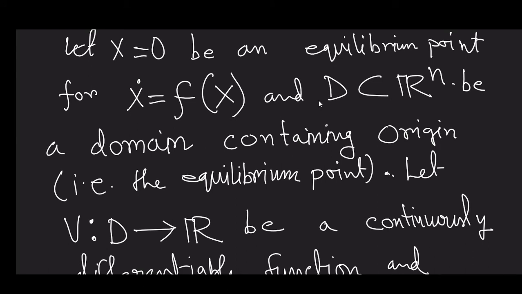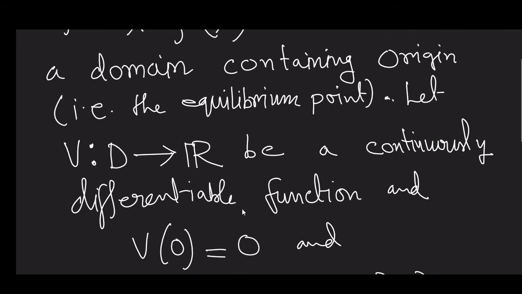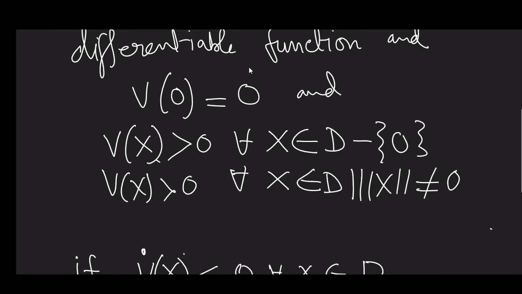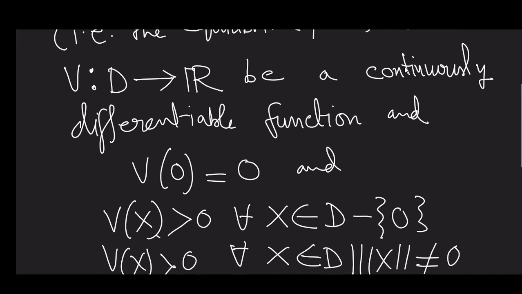What it states: x equal to 0 is an equilibrium point for a domain containing the origin. Let V be a continuously differentiable function, and now it is your job to check whether a continuously differentiable function is Lipschitz continuous, or Lipschitz continuity is a stronger condition than continuous differentiability, or vice versa, or the one implies the other.